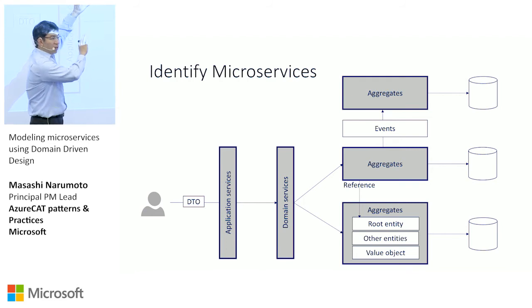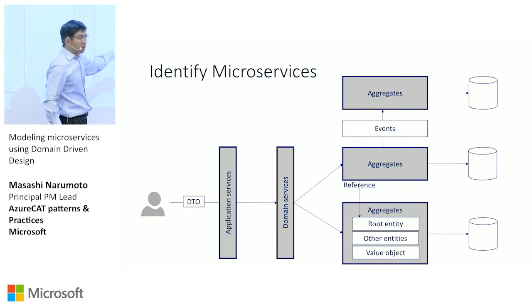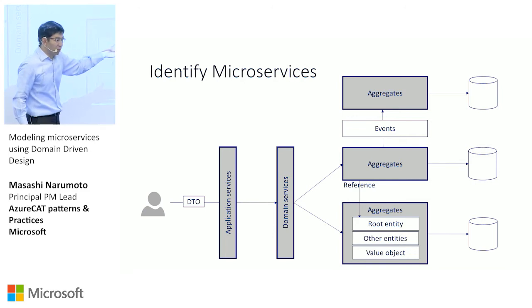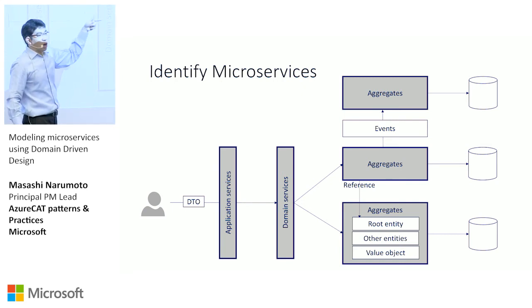And each aggregate defines the persistency boundary, meaning aggregate 1 has its own persistency mechanism, aggregate 2 has its own persistency mechanism, right?